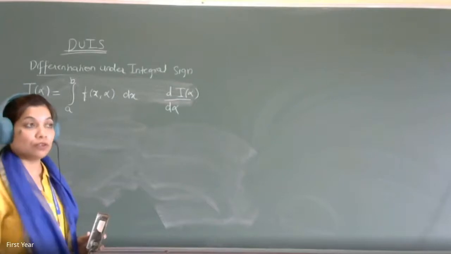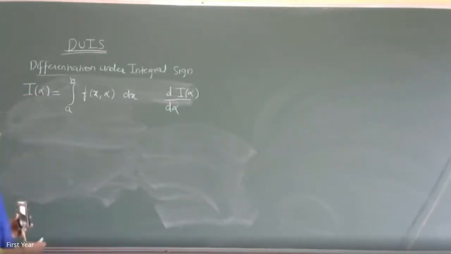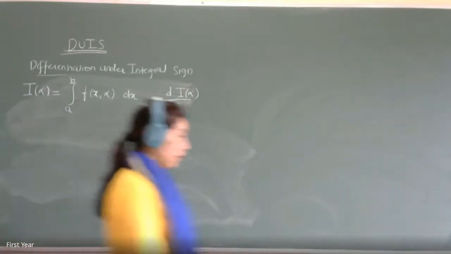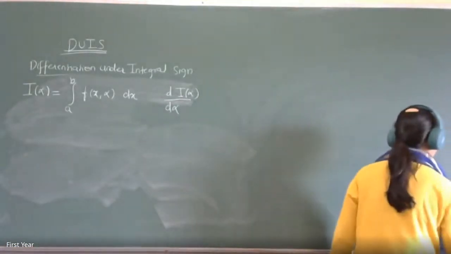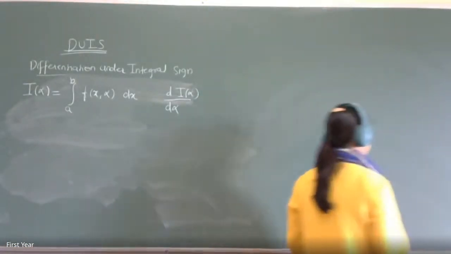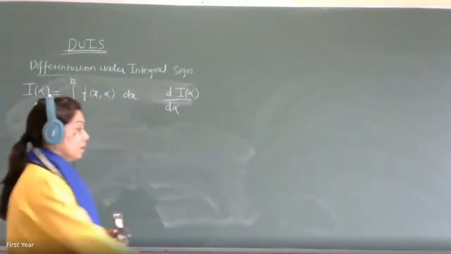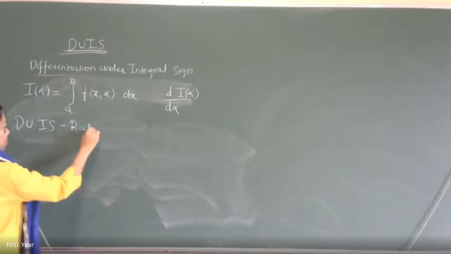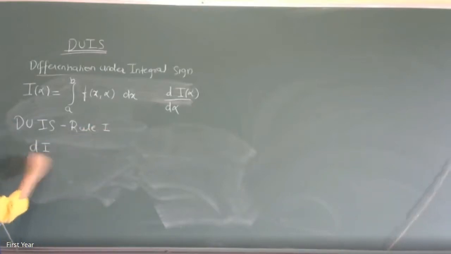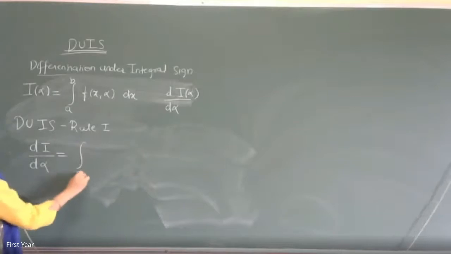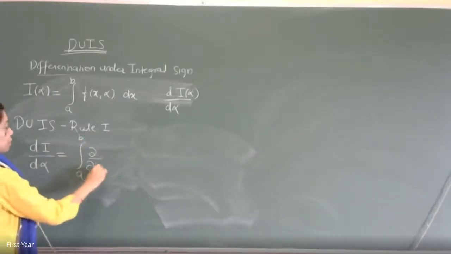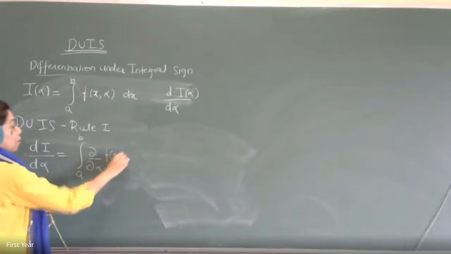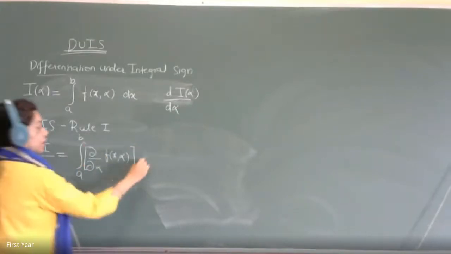The first rule is used if a and b are constant, which is dI/d alpha equals the integral from a to b of the partial derivative with respect to alpha of f(x, alpha) dx.